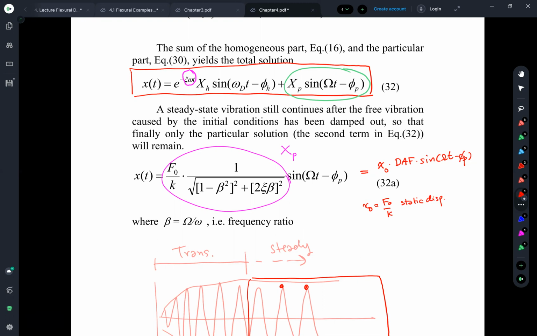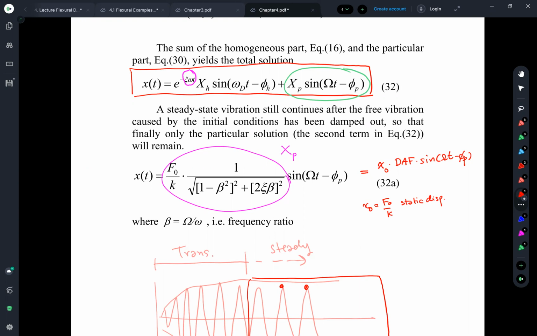F0 is just the amplitude of the force. If you divide by K, it is the static displacement. When I say equivalent static displacement, it means if your force is not a dynamic force, it's just a static force having the same amplitude F0, then your response or your building displacement will be equal to X0. And it's calculated from F0 over K.